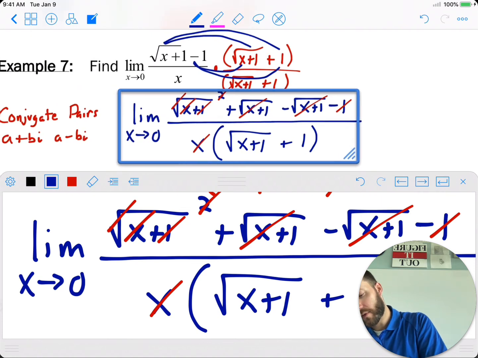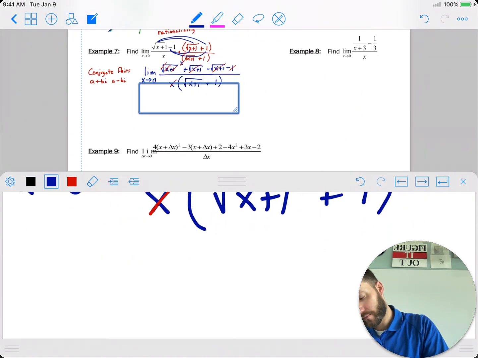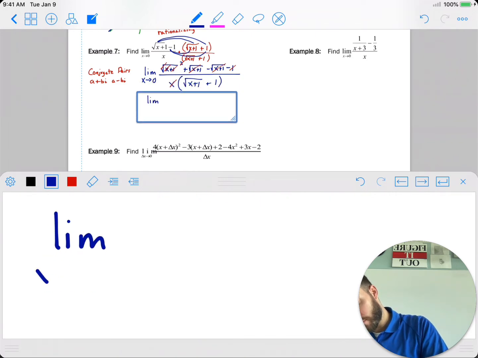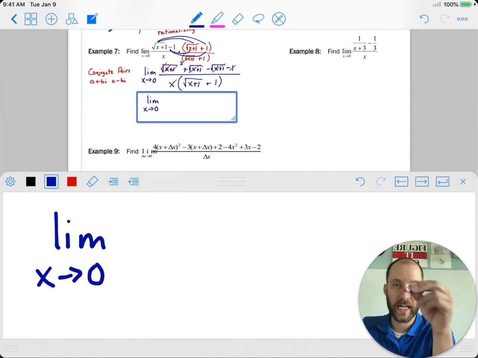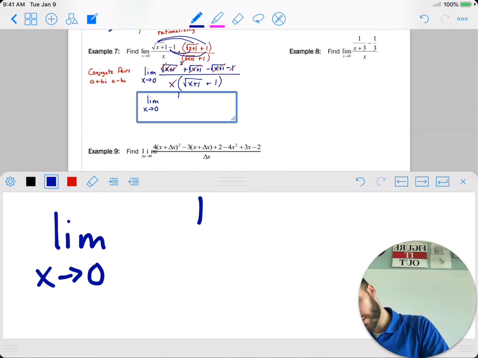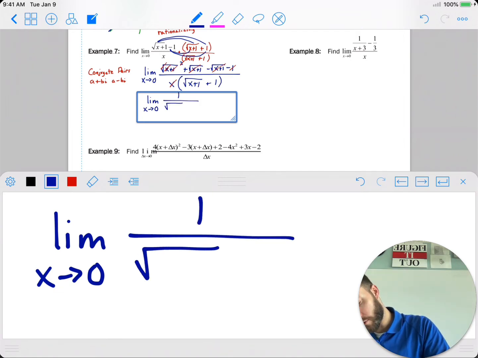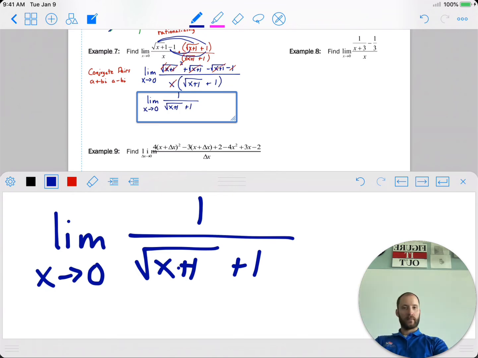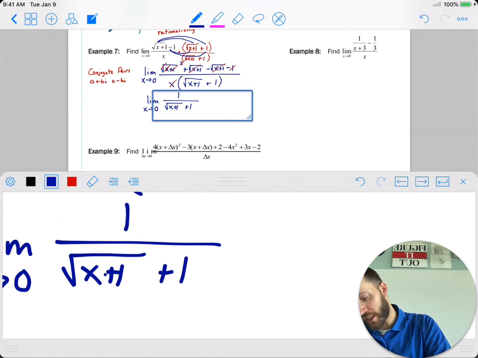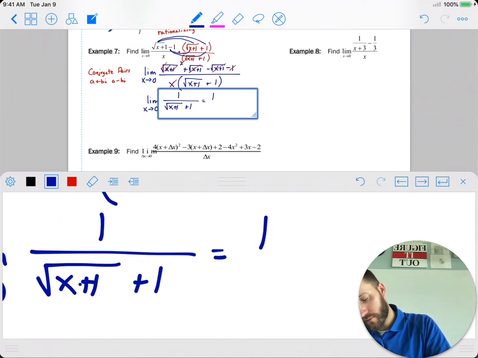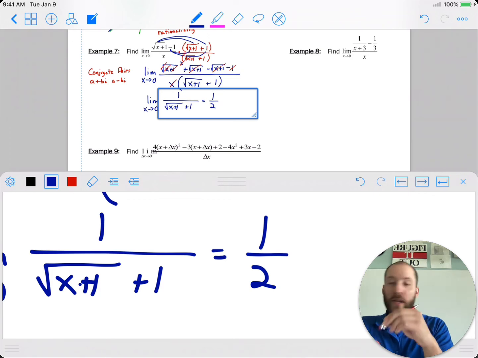So we have the limit as x approaches 0. Everything in the top cancels out, so we only have a 1 over root x plus 1 plus 1. Alright, now direct substitution, plug in 0 for x, and you end up with 1/2.